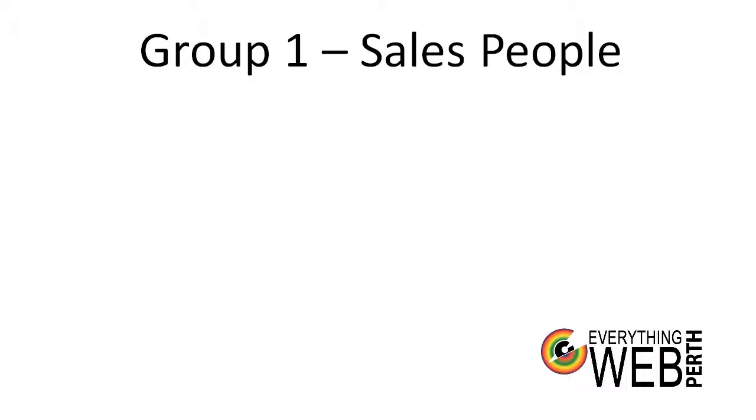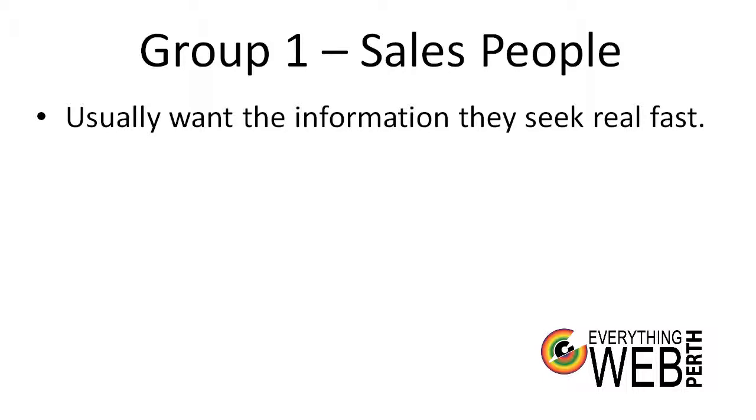So let's talk about group number one, salespeople. When I say salespeople, I don't necessarily mean that you're a salesperson. What I mean is that you are driven by emotions and stuff like that. You get really excited about stuff. You want to know about it quick, but you could easily turn the other way within a few seconds.